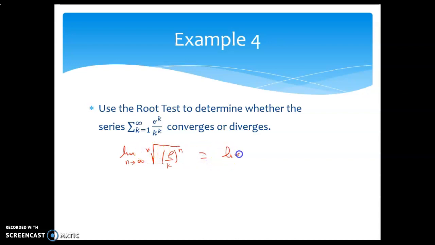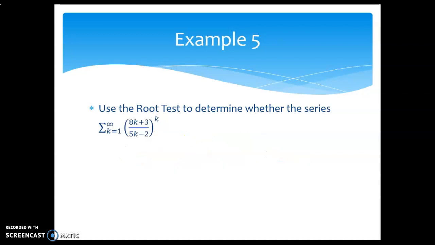So then it's the limit as n goes to infinity of e over k, or e over n, sorry, this should be n because we are using n here, e over n, so that this goes to 0. It goes to 0, so it converges.